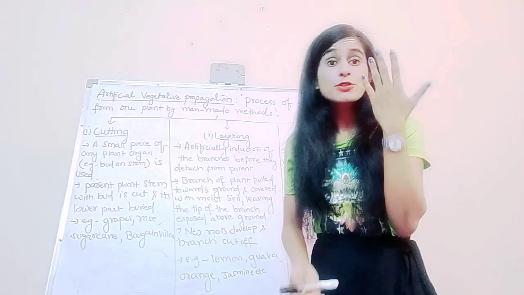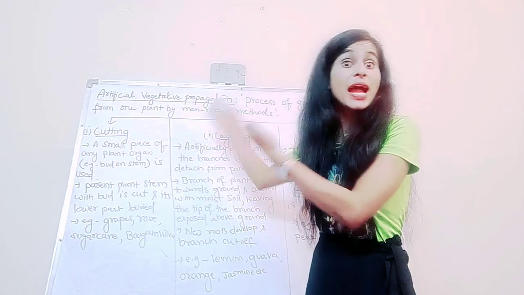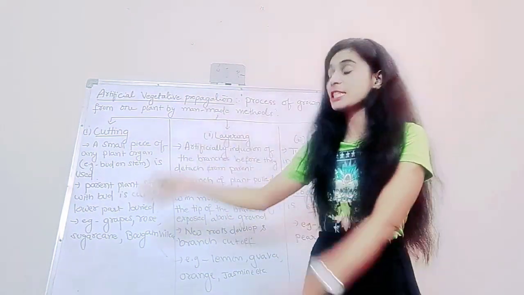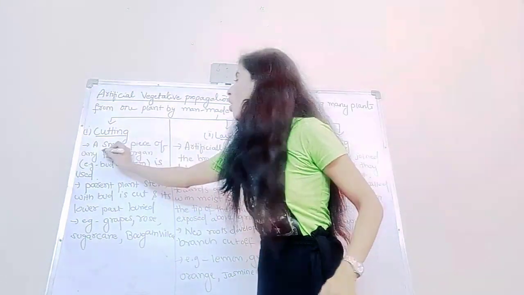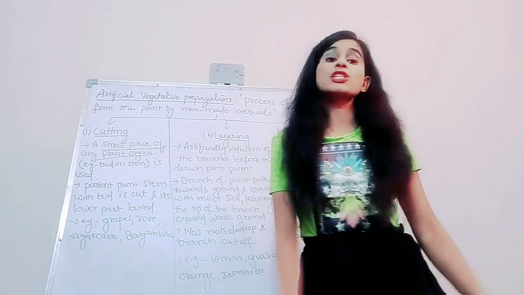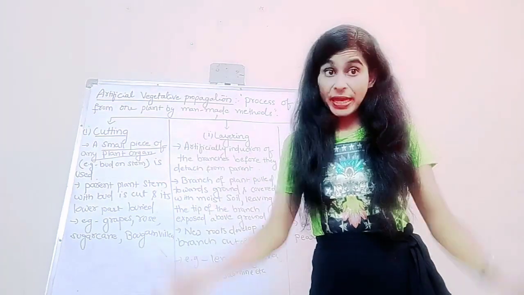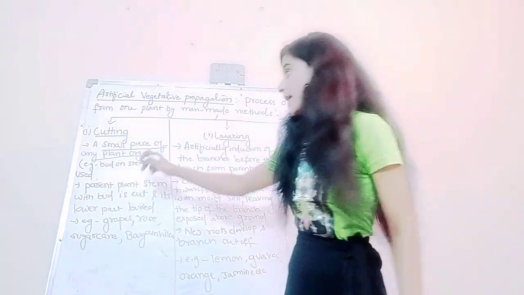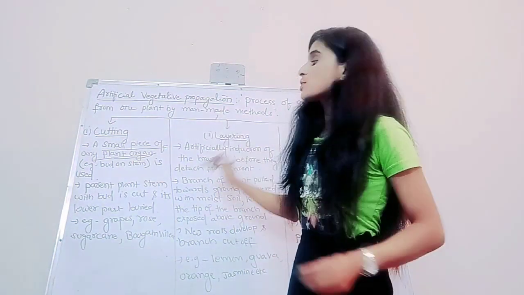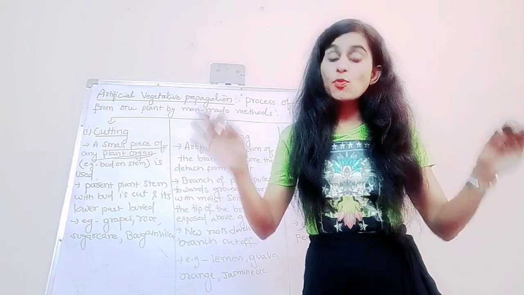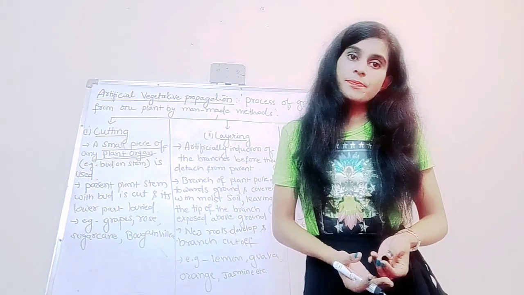I told you the example of your rose plant. That comes under artificial vegetative propagation by cutting. The first thing you have to remember is that a small piece of any plant organ, a part of the parent plant, is used to develop a new plant.